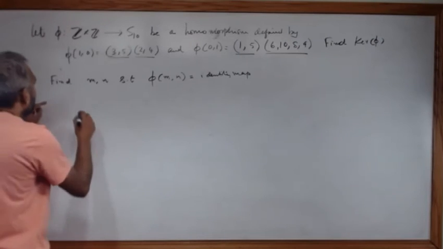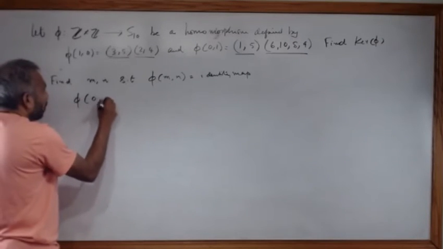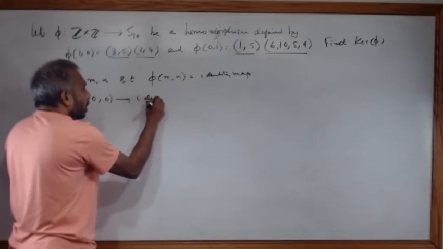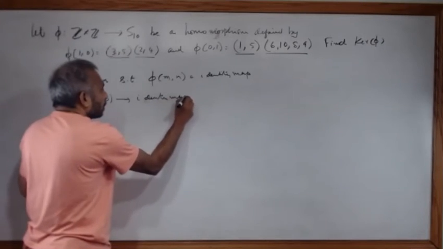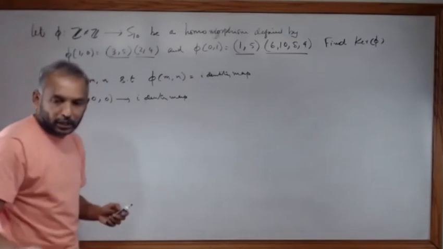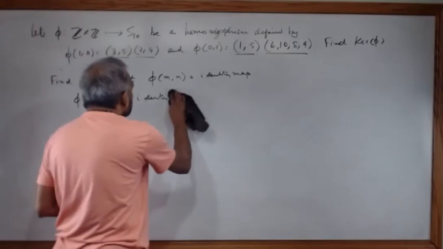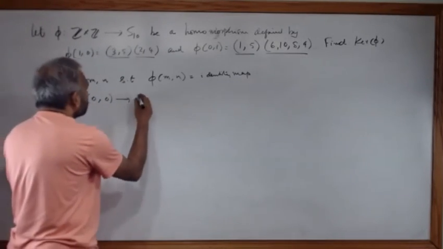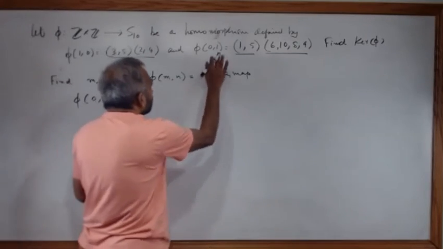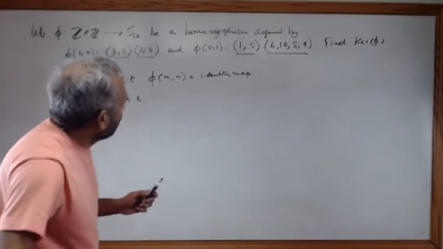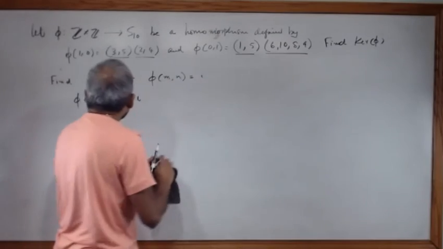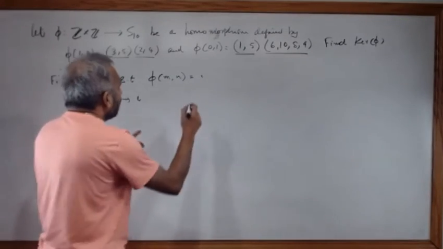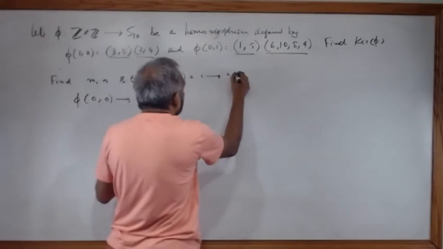And we know that 0 goes to the identity permutation, or I'll write it as I. This is actually the identity permutation.